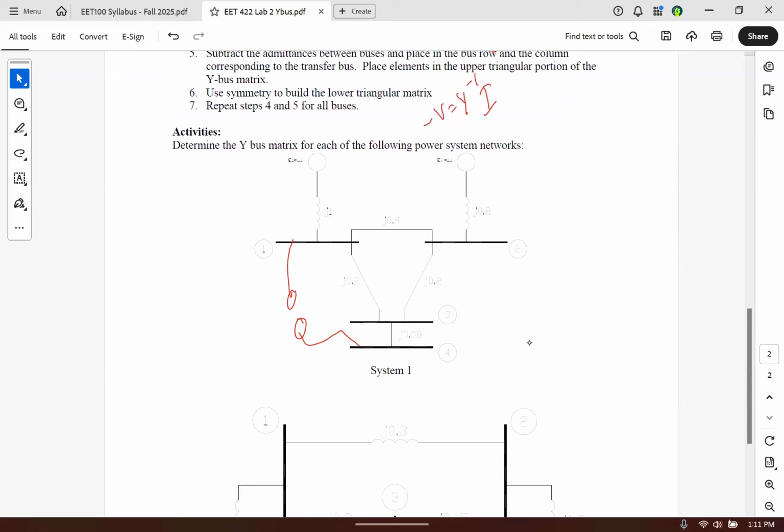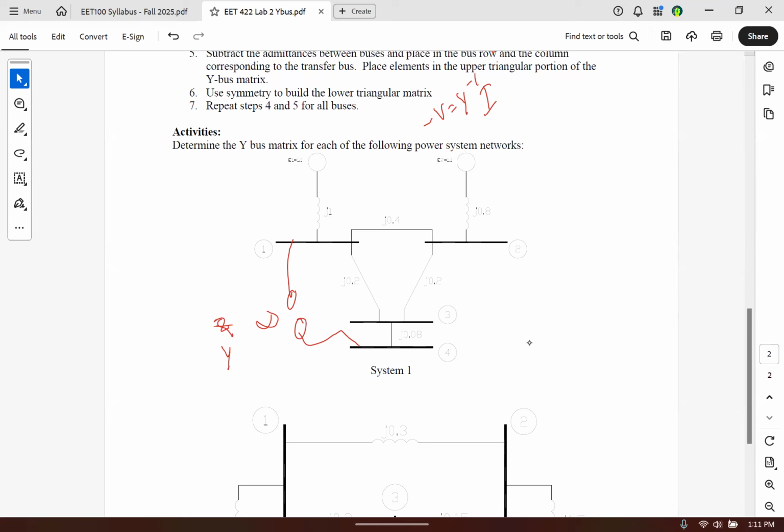What's the transfer impedance between bus 1 and 4? It's infinity, right? There's no connection between 1 and 4. No connection electrically means it's an open circuit, which means it's an infinite impedance. So how do you put infinity into your program? You can't, right? So Z over here is equal to infinity.